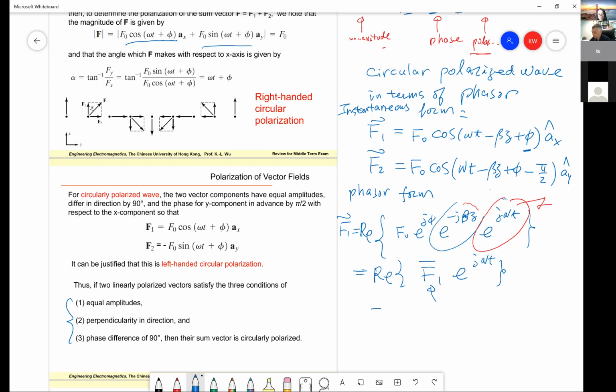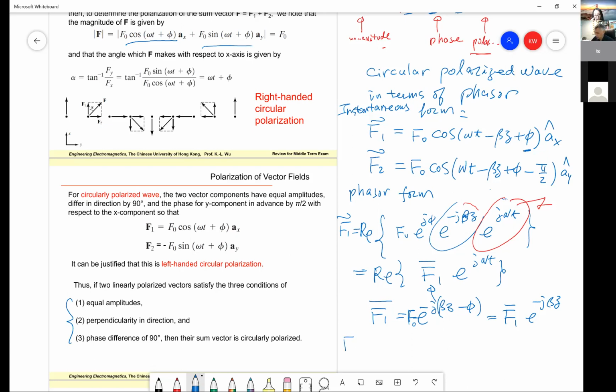So this is a phasor 1 that equals e to the minus j beta z, with a magnitude. I can write it in this form.